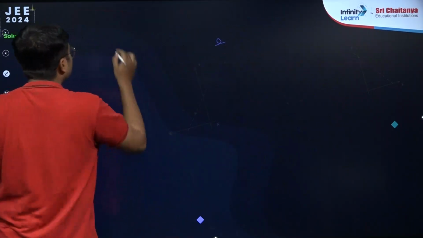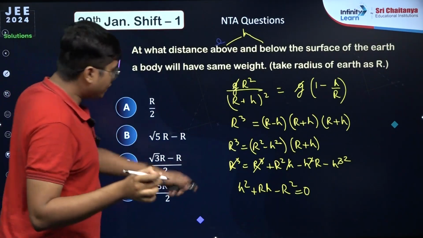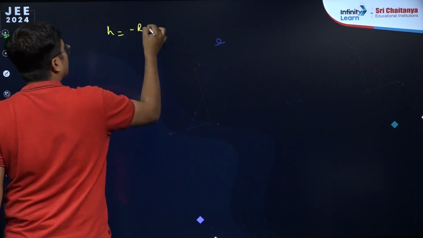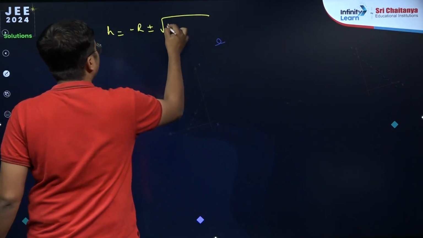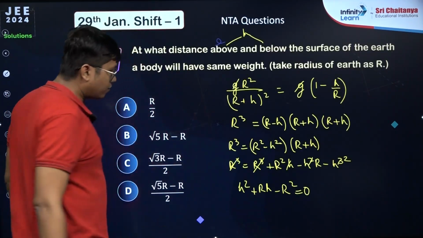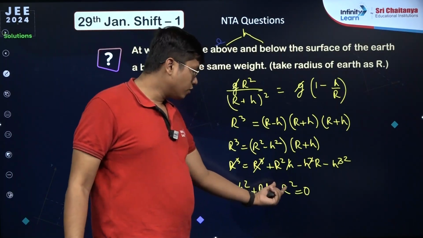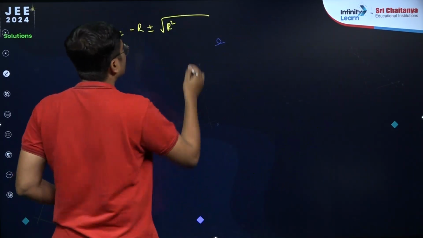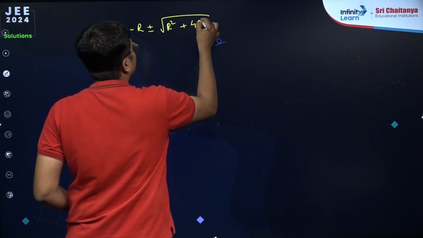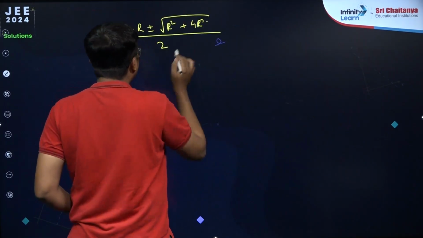You will get h is equal to minus b, b is R, minus R, plus minus root over b square minus 4ac, b square is R square, minus 4ac, so minus 4 into this, so minus 4 will get plus 4R square into 1, plus 4R square, divided by 2 into a. a is just equal to 1, so divided by 2.